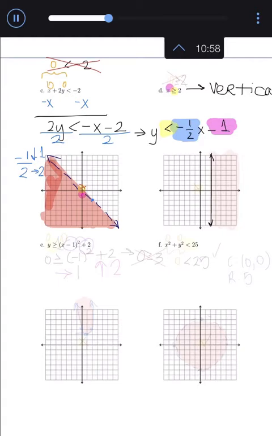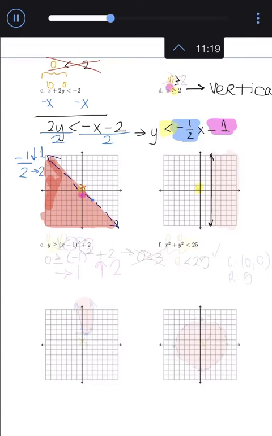The only question should be which side of our vertical line are we going to shade? So let's again test it by plugging in a value. We can just plug in 0. So notice if we're plugging in the point 0, 0, well, that means we're plugging in a 0 for x. There's no y to plug in.